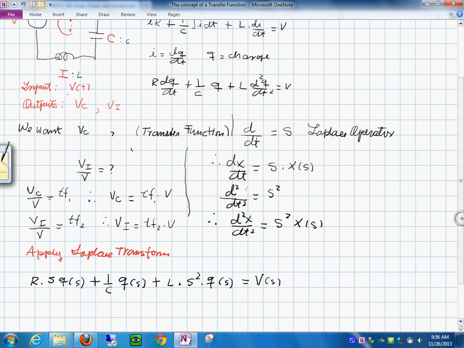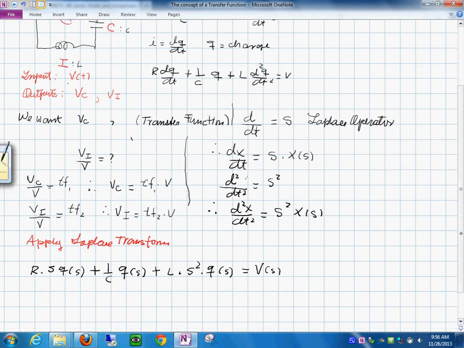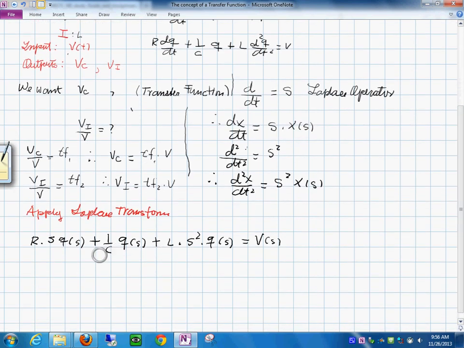Now let's take this variable q out, and we can write that this is L times s squared plus R times s plus 1 over C, times q of s, equals V of s. And you see the relationship.